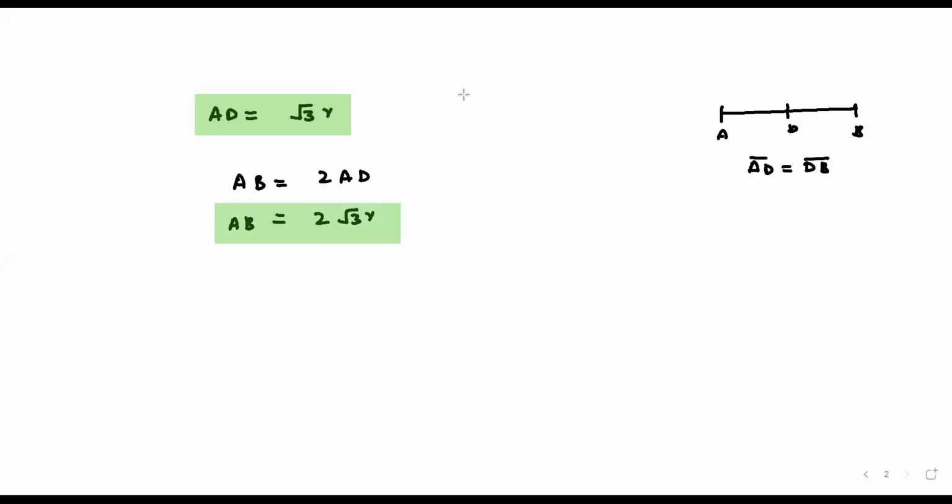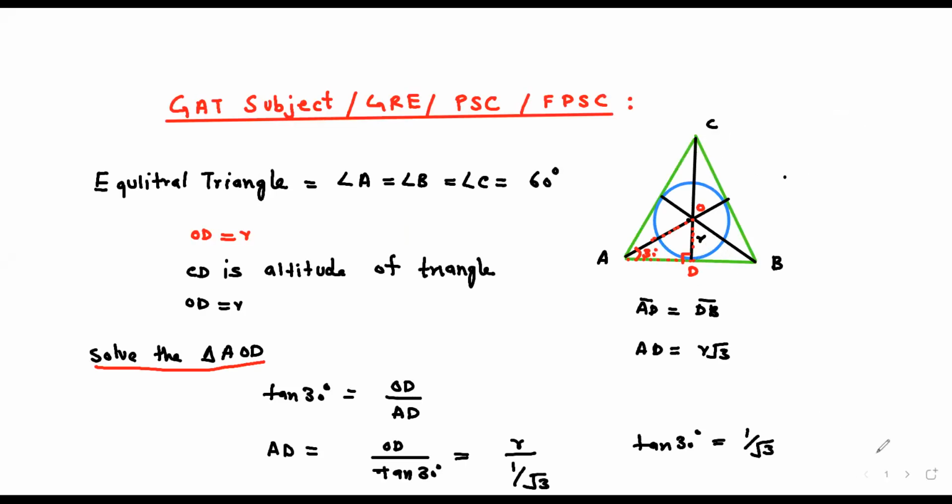Now we will find the value of altitude, CD. Okay, how will we find this value of altitude? If we know the value of altitude, then we can easily find the area of this triangle.